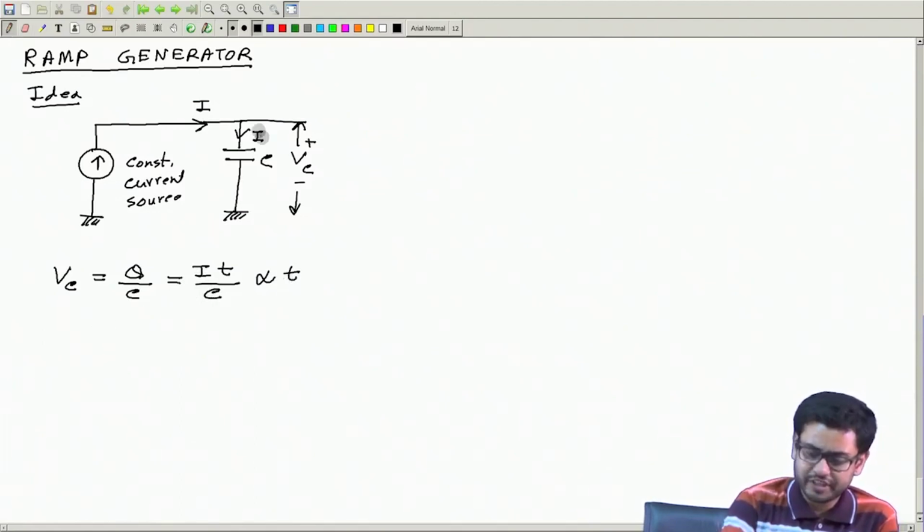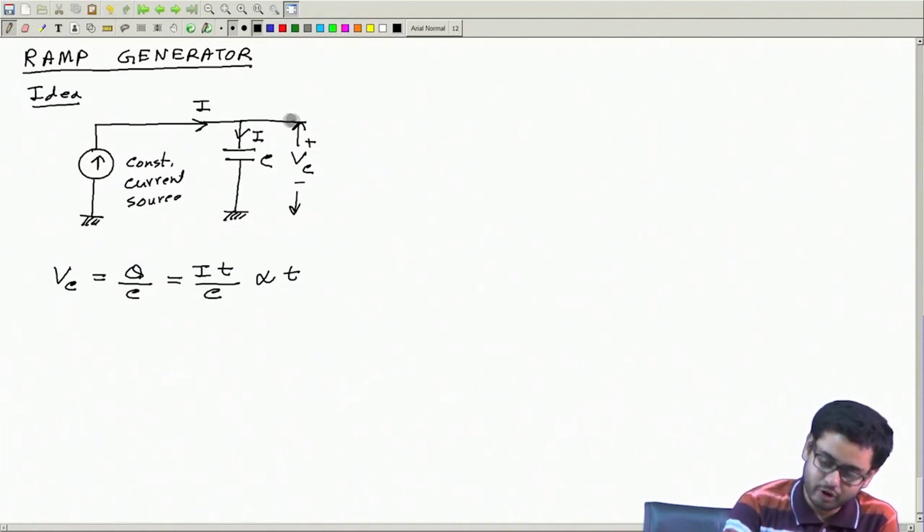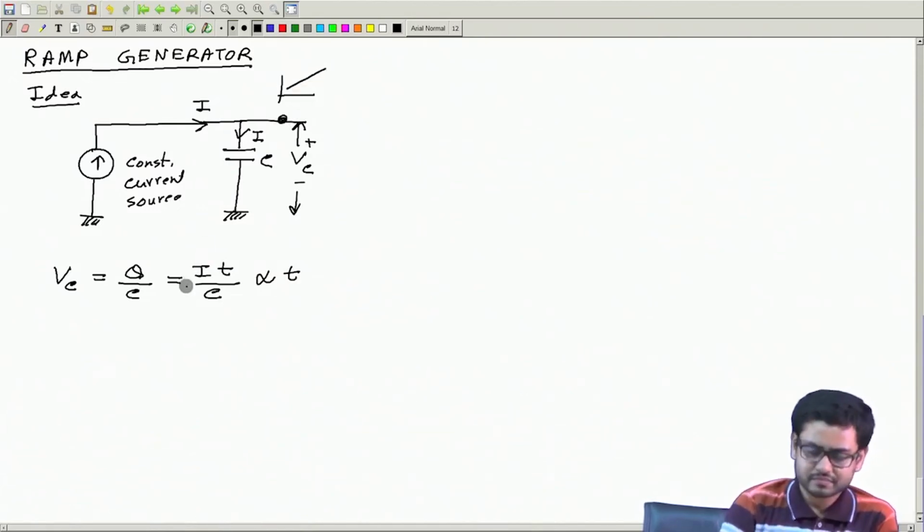So this voltage will increase linearly. So this is actually one part of our ramp.